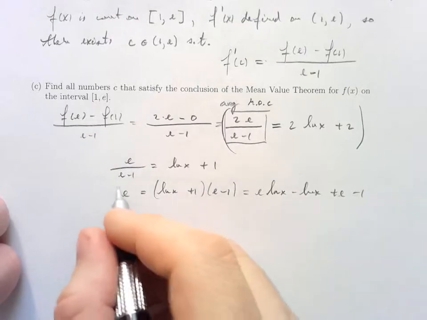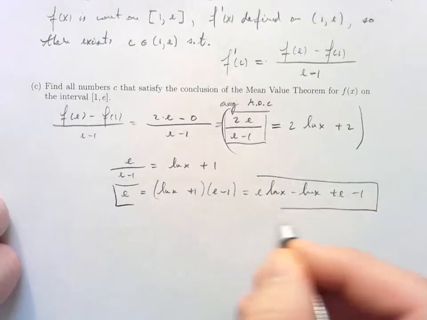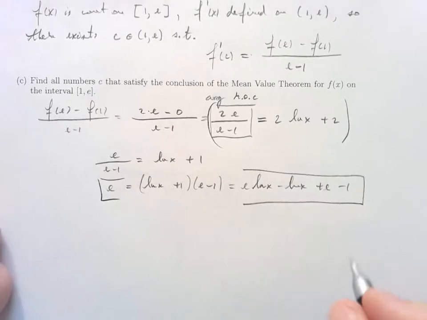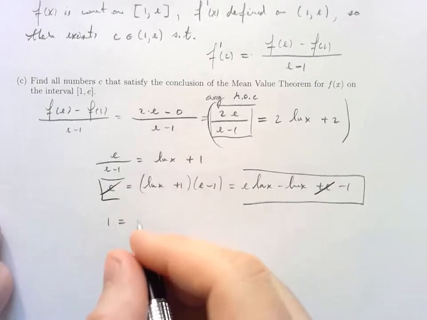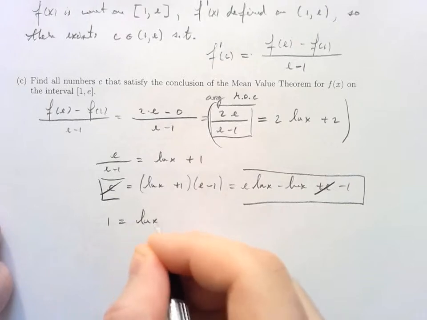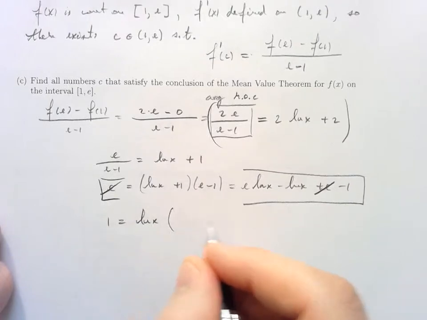So what I have now is the following. I have e equal to this part right here. Let's go ahead and cancel these e's. I'll move the 1 to the other side. So I have 1 is equal to, factor out the ln x, times e minus 1.